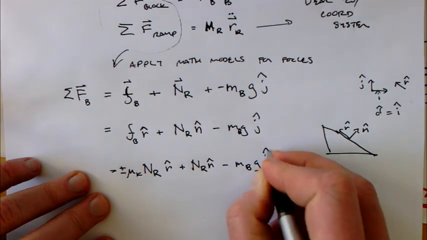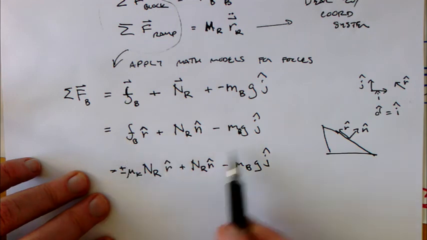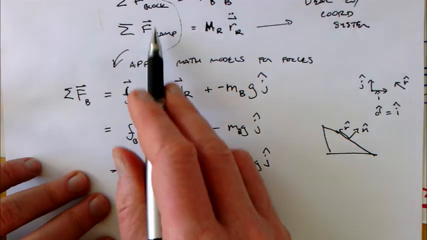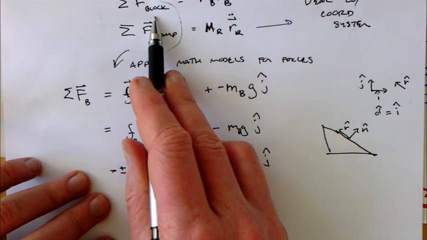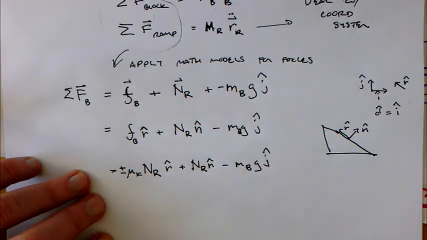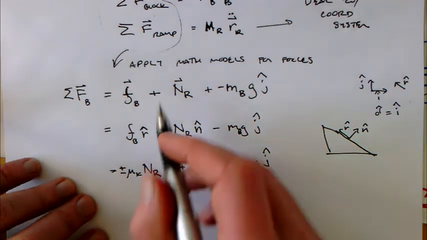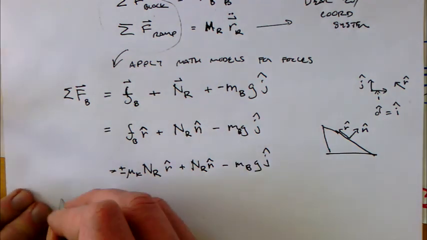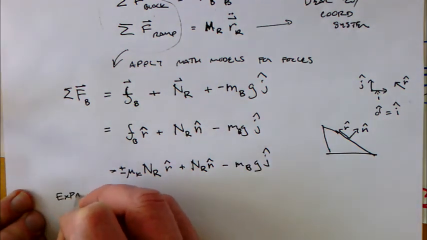And of course gravity is pretty well defined. Right? So that's about as far as I can get as far as expanding mathematical models for the forces for the block. And then on the right-hand side, obviously I've got something that I can write in terms of i hat and j hat, or something I can write in terms of r hat and i hat. So let's do that. So let's expand the right-hand side.